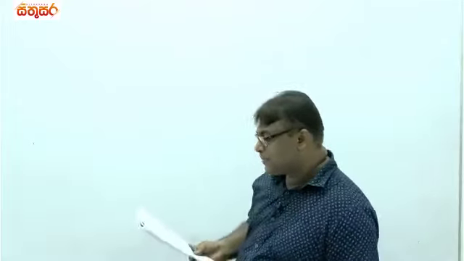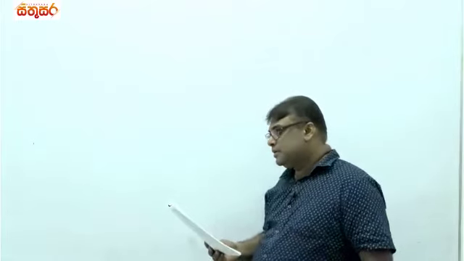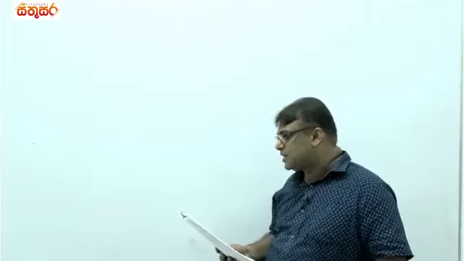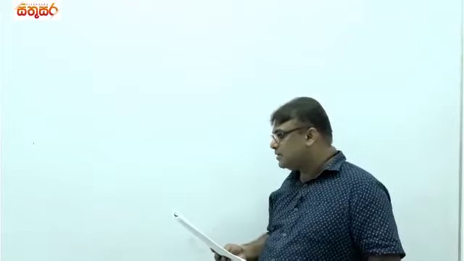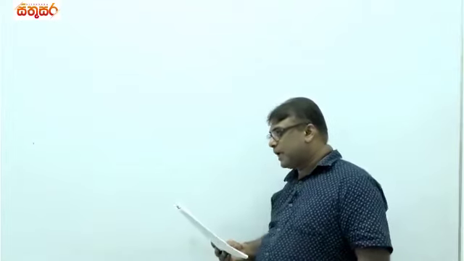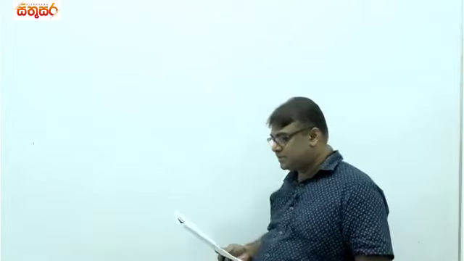Explain the validity of the following statements. Question 303. Right. Let's see. 303. Sensitivity of a mercury glass thermometer can be increased by increasing the length of the capillary tube of the thermometer.